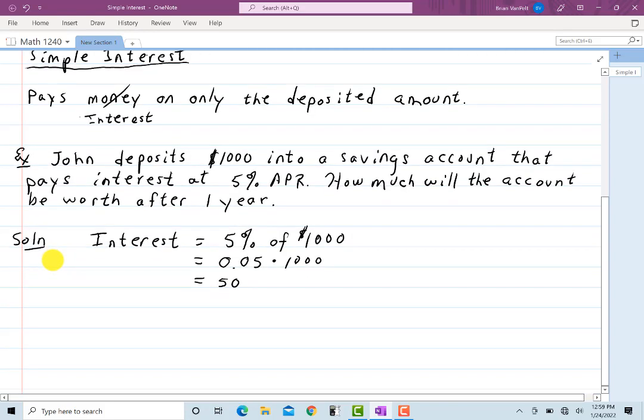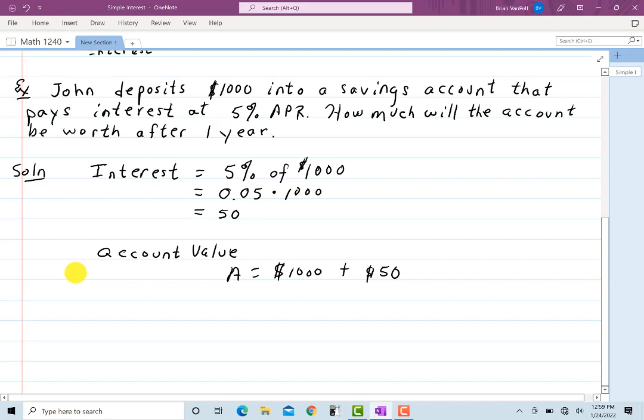So he earns $50 in interest. So the account value, let's call it A, will equal the amount that he put in. So he's got his $1,000 that he deposited, but then he also gets $50 for interest. So at the end of that year, the total account value is $1,050.